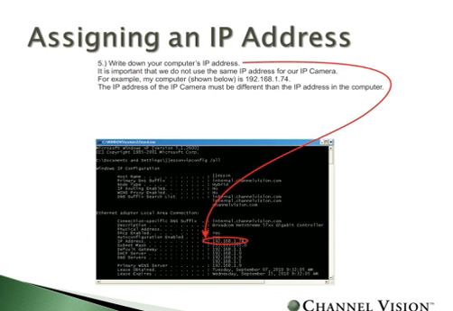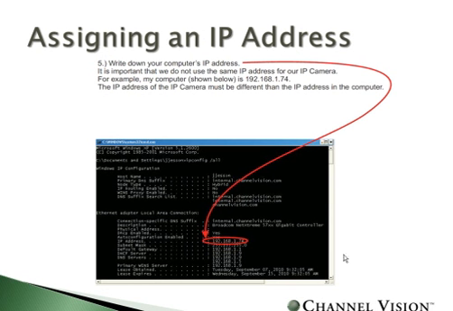Now there's a lot of numbers on here. Don't be intimidated by all the numbers or what the screen looks like. Really, there's just a few things that you'll need to write down. One of them is the IP address. Now this IP address is not the IP address of your camera.